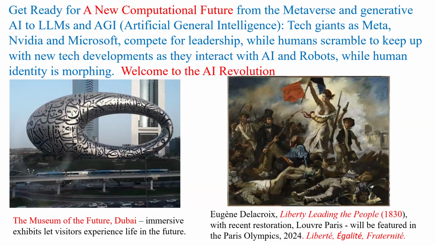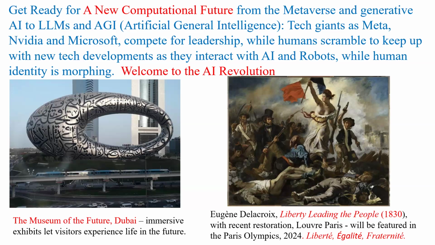And I brought this image up, goes past to present, a very famous image, Liberty Leading the People by Delacroix. 1830, this is Gallic time. And it had never been restored.